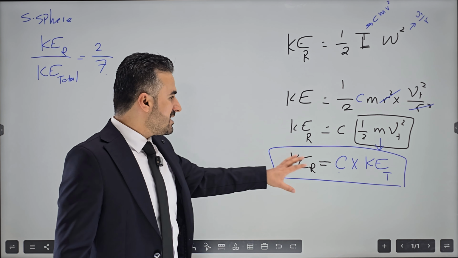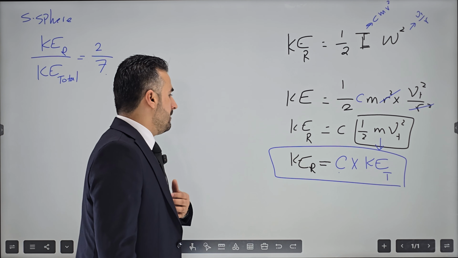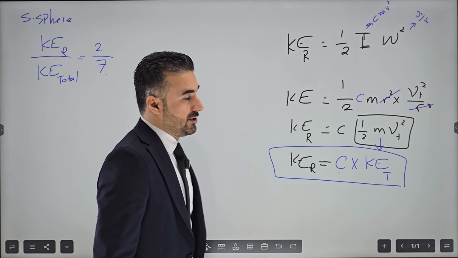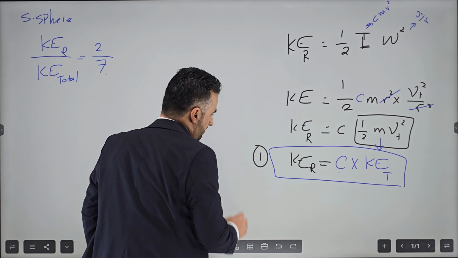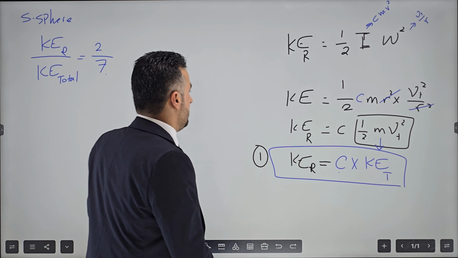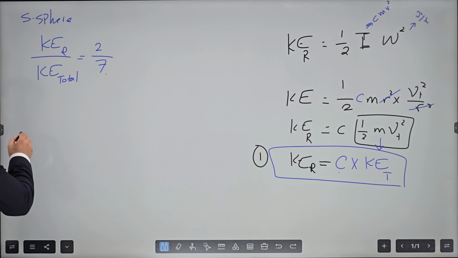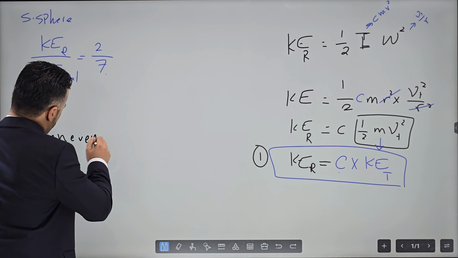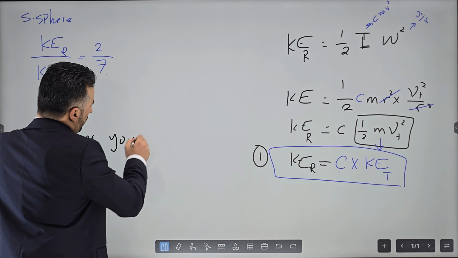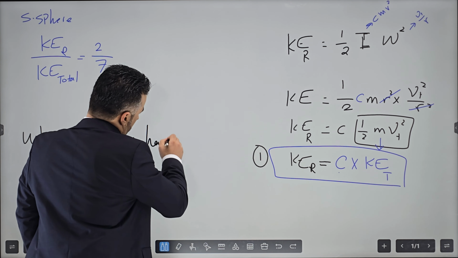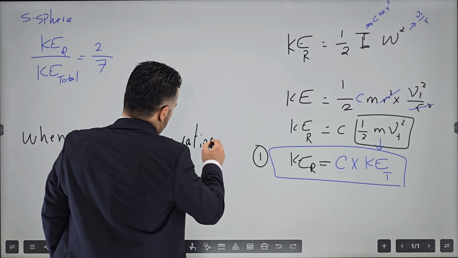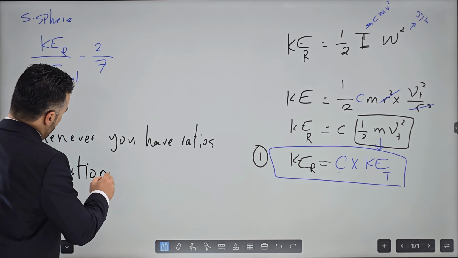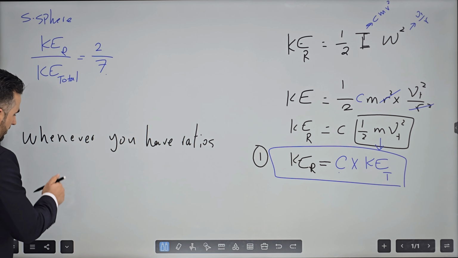So, at this point here, instead of rotational kinetic energy, you can always write c times translational kinetic energy. Now, I need you to remember this. That's one thing. The second thing is, whenever you have ratios, for ratios only, that would be best if we do that.